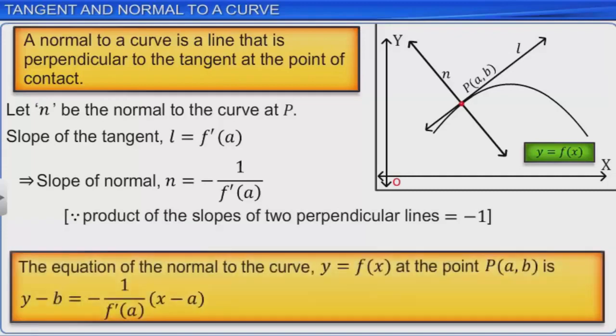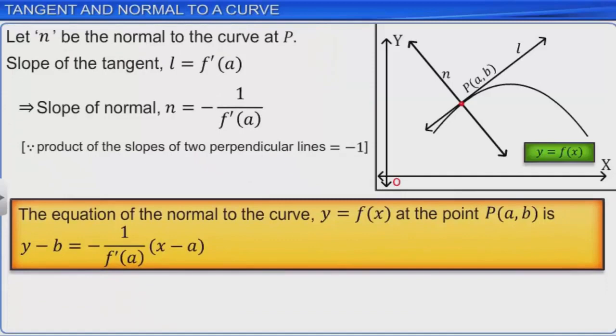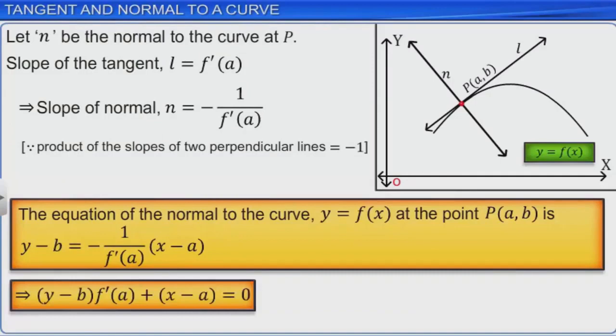The equation of the normal to the curve at the point P, a, b is y minus b is equal to minus 1 upon f dash a into x minus a. On simplifying, we get the equation of the normal as y minus b into f dash a plus x minus a is equal to 0.